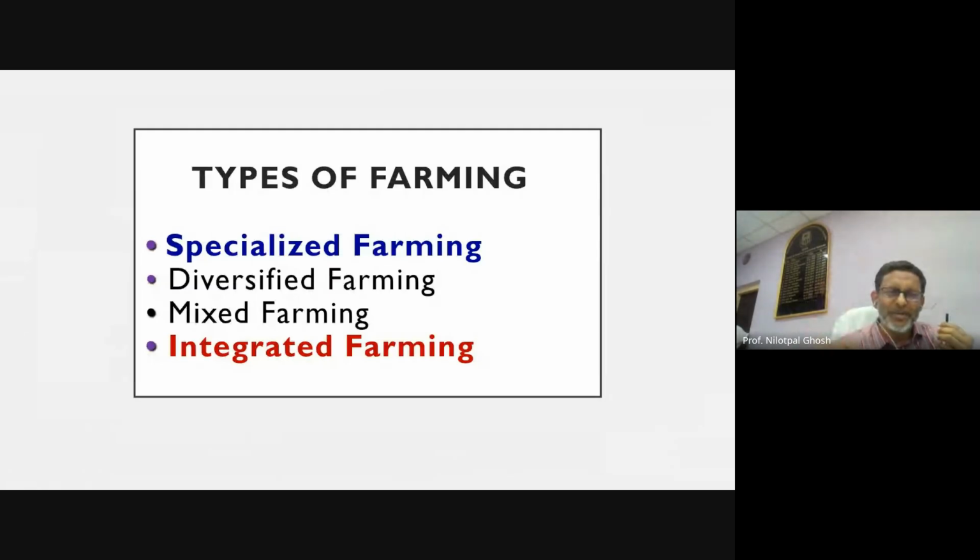There are so many names in the agriculture economics or veterinary economics. You will see there is specialized farming, diversified farming, mixed farming. And now we are giving more emphasis on the integrated farming. Now, what is specialized farming? You know that I have one business only producing the milk.